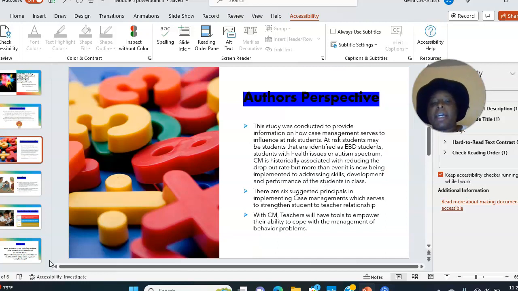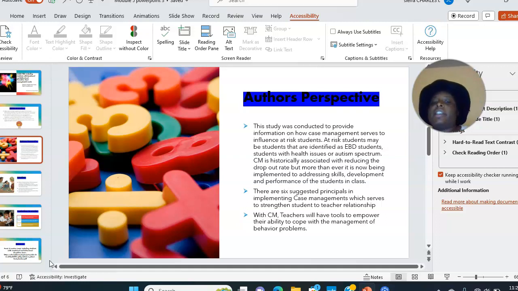So the author's perspective. The study was basically conducted to provide information on how case management can serve to influence at-risk students. Now, at-risk students may not be just EBD students. They can be students with health issues, students on the autism spectrum.